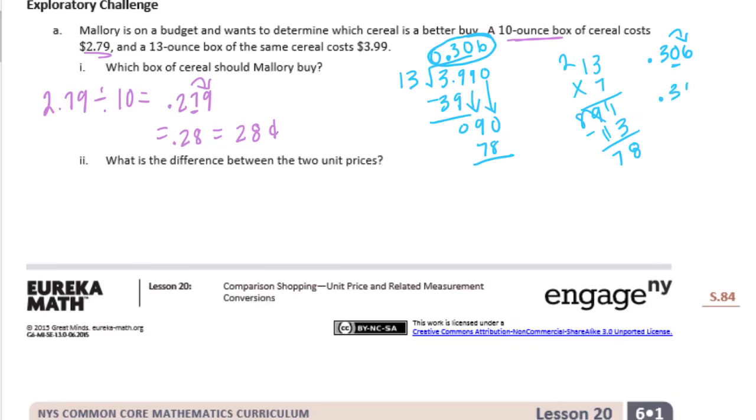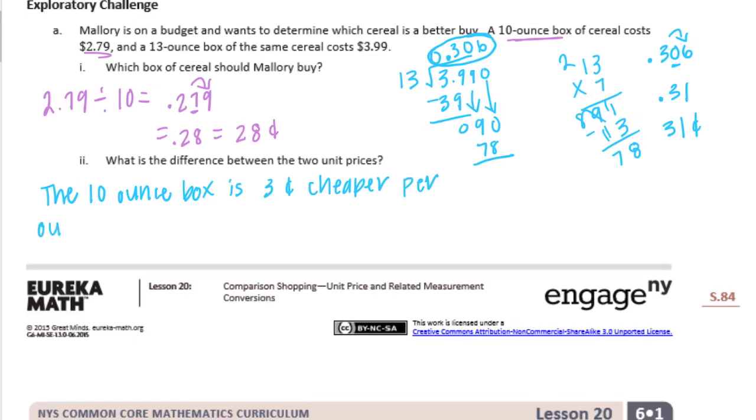So that would be 31 cents per ounce. So the better deal here would be the $2.79 one, because the 10-ounce box is 3 cents cheaper per ounce than the 13-ounce box.